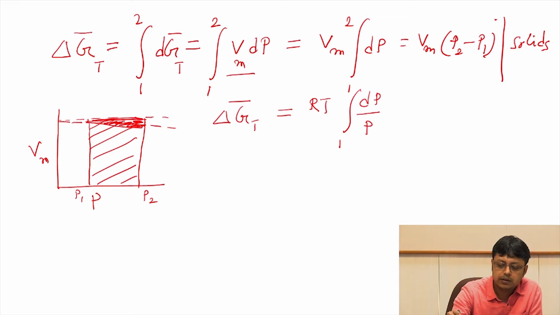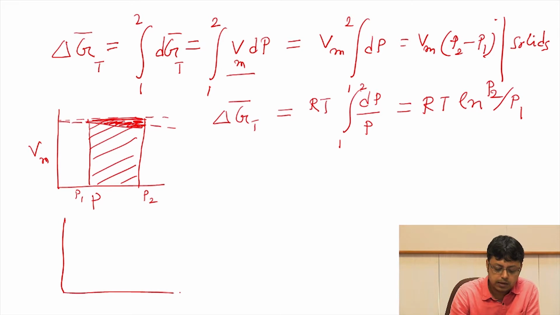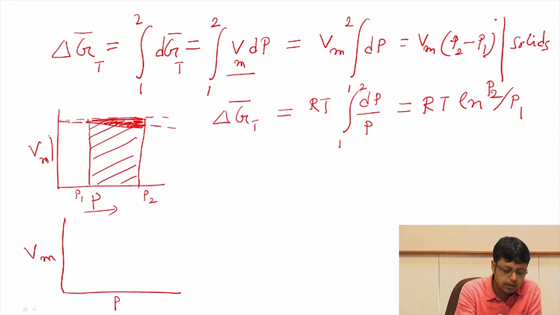So going from state 1 to state 2, the expression will be RT ln P2 by P1, and how will the curve look like? It's a logarithmic plot, and you know how the PV diagram looks like, but instead of PV we are drawing here a VP diagram. Keep that in mind.